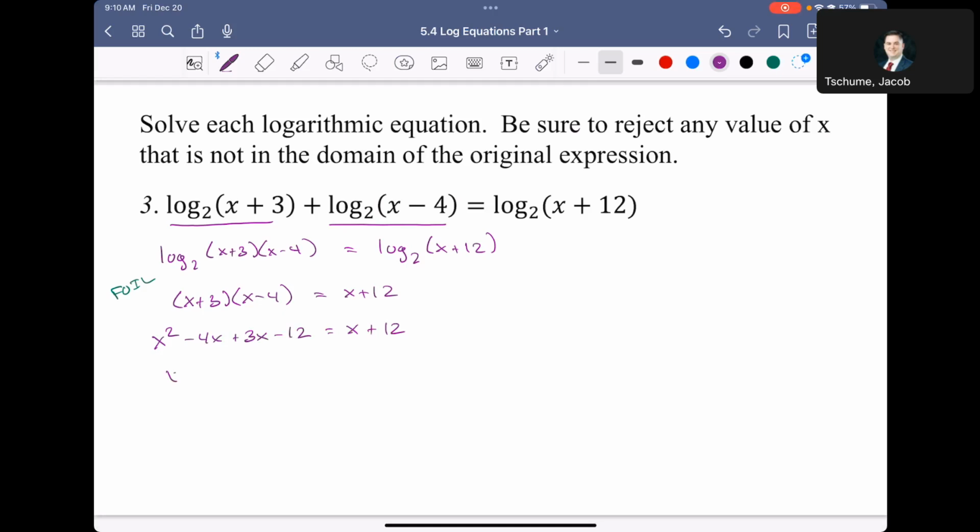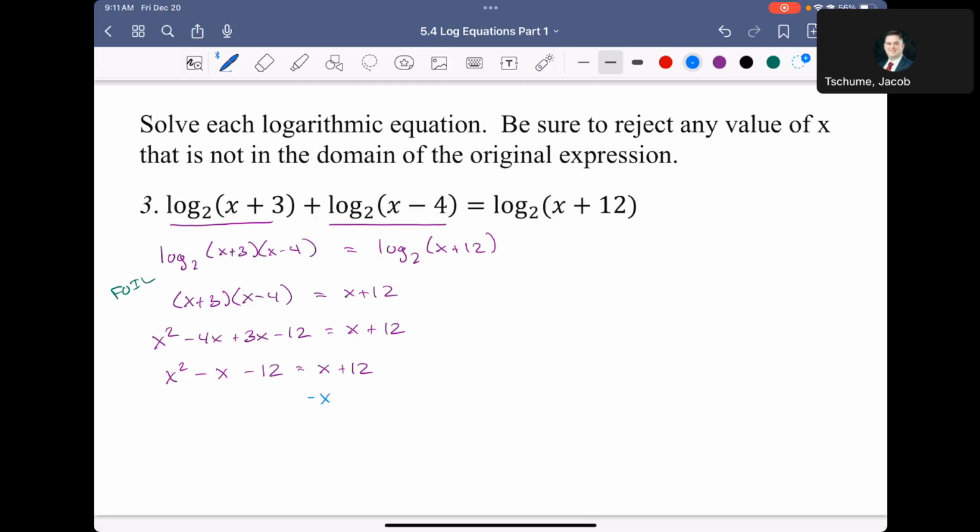Also on the left, I can combine those x terms in the middle. So negative 4x plus 3x is minus x, minus 12 equals x plus 12. And all the way back to chapter 1, you might remember that when you're solving a problem that has an x squared in it, you have to make this equal 0 so that you can factor it or try to factor it in some way.